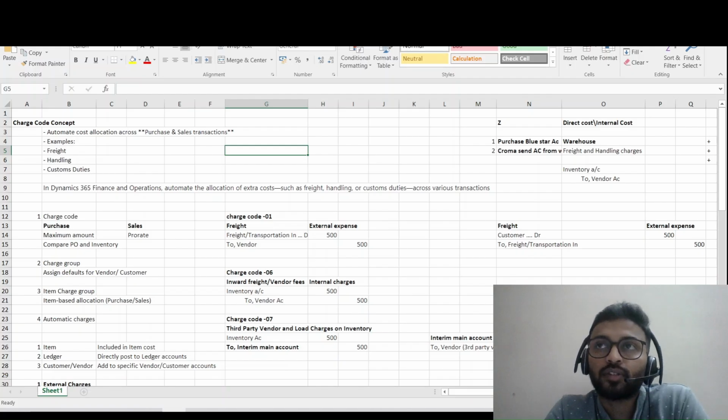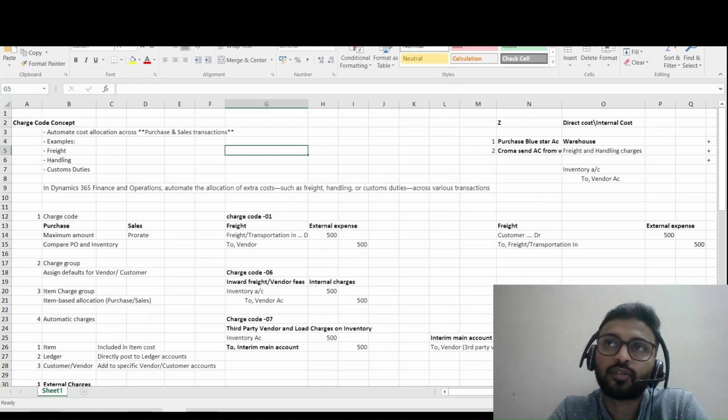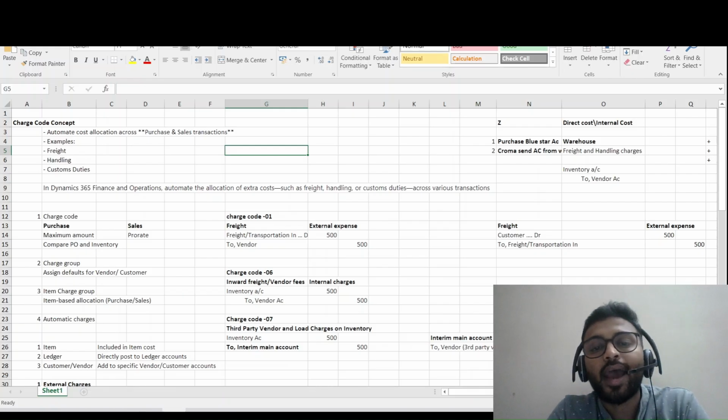Whenever we are purchasing or selling any goods and fixed assets, cost attributes to that purchase and sale occur, like for an item purchase, there might be freight for purchasing that item, fixed asset handling charges, custom duty, and loading and unloading charges.